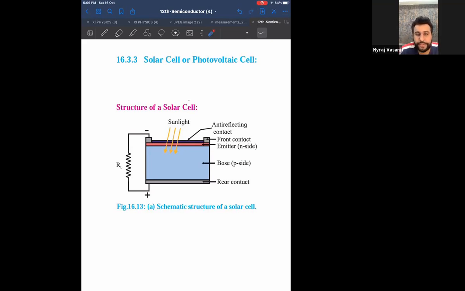This current is then transferred with the help of contacts and wires to load resistance, RL.